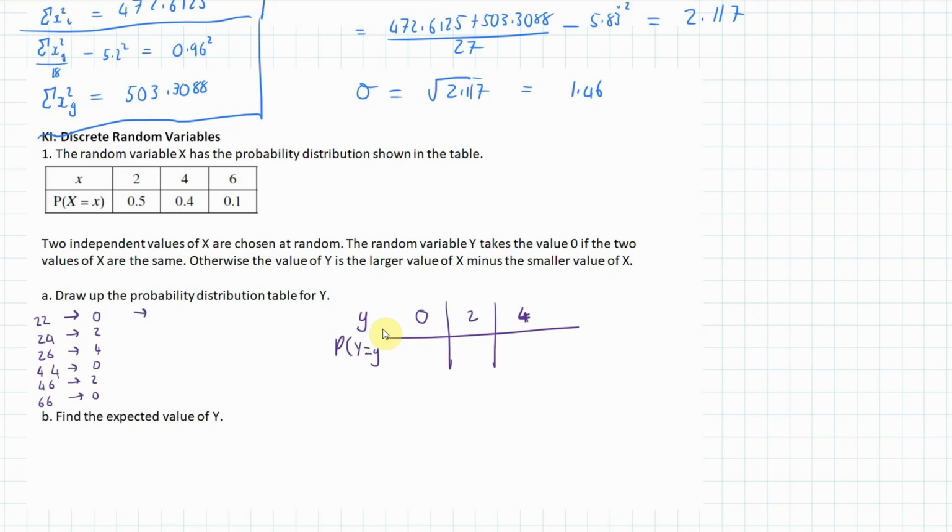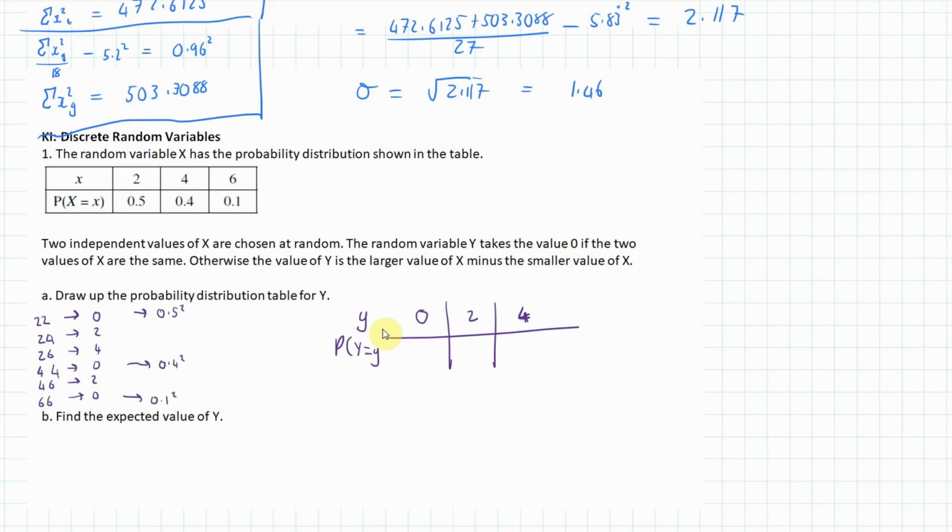So for 2 and 2, let's look at that. 2 and 2 is obviously 0.5 times 0.5, so it's 0.5 squared. And 4 and 4 is 0.4 squared. And 6 and 6 is 0.1 squared.